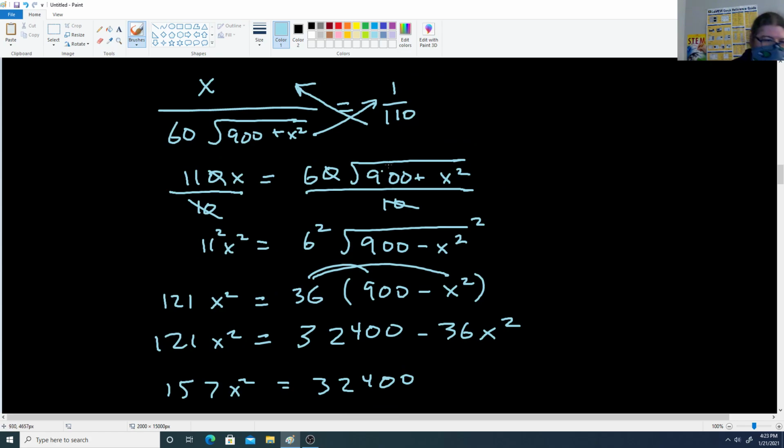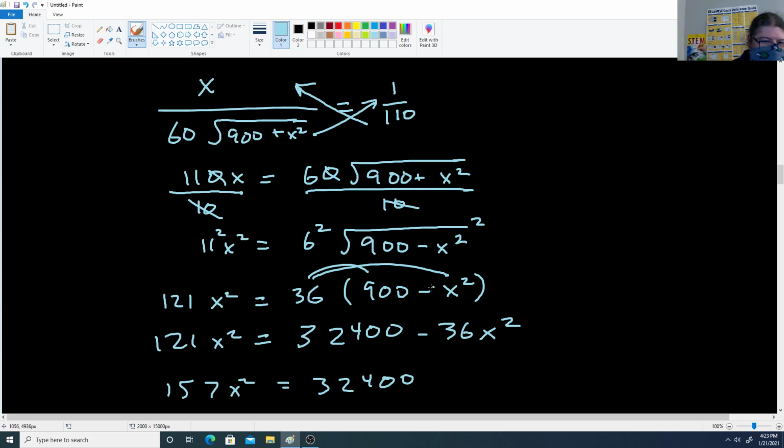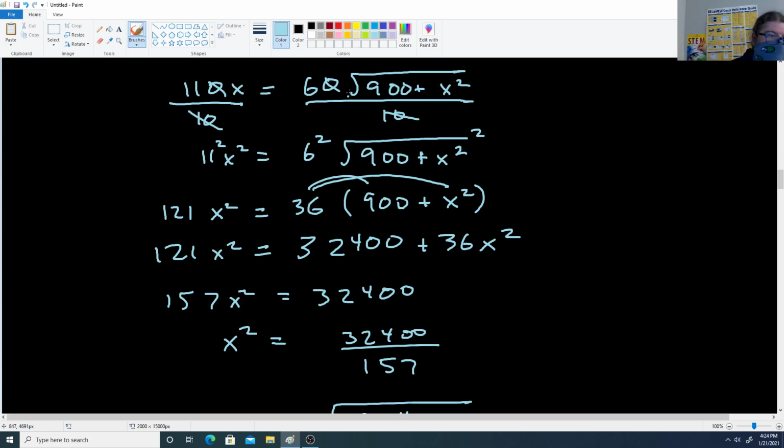Okay, so, yeah, I worked this out with the other class when it was 19 something and I got 14. So here it was 900 plus x squared. So it still needs to be 900 plus x squared, needs to be this plus that. That means whenever I go to do this, this number is going to change and this number is going to change.